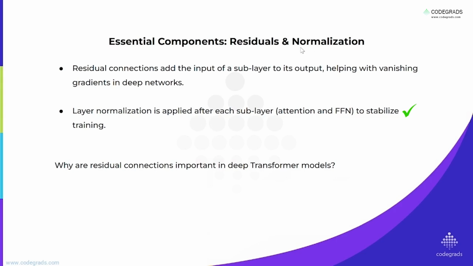After multiple processes there is a chance of losing information, so to avoid that, we use the residual connection. And the layer normalization is used for stability, and this helps in stacking layers, like we have 12 or 96 layers in GPT.